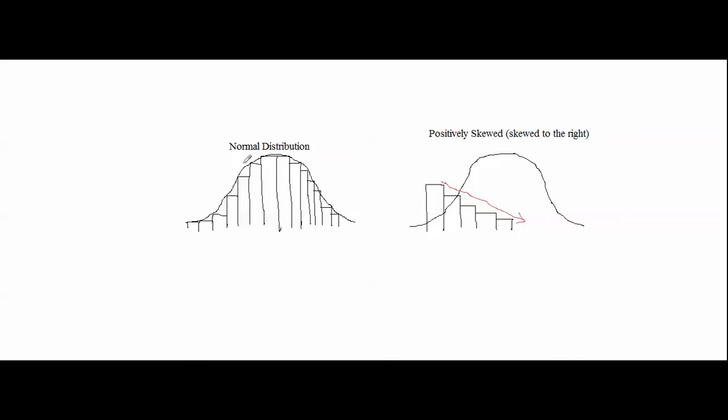Now what about the opposite type of graph? What if it peaks at the right end and then trails off to the left? The reason I'm putting a normal curve here is just to show you how it doesn't follow a normal curve. So when I draw this normal distribution, you can see how the shape of the bars doesn't follow this type of shape.